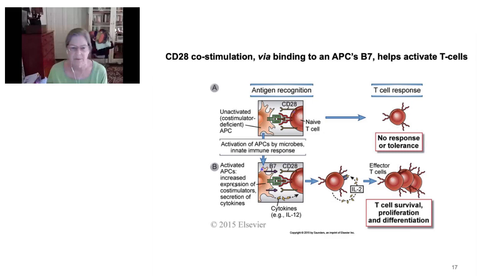Whereas if you have B7 CD28 and cytokine stimulation, then this guy is going to want to continue to live, partly because it will start producing IL-2, which is a growth factor for T cells, and that'll keep it alive. So it'll be able to survive and continue in its differentiation pathway.